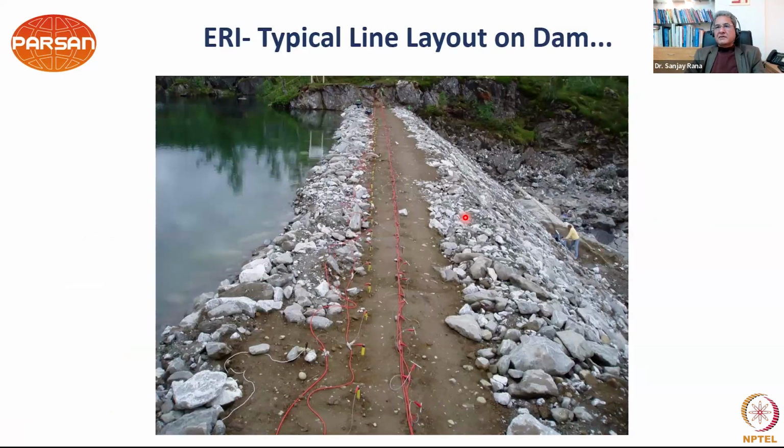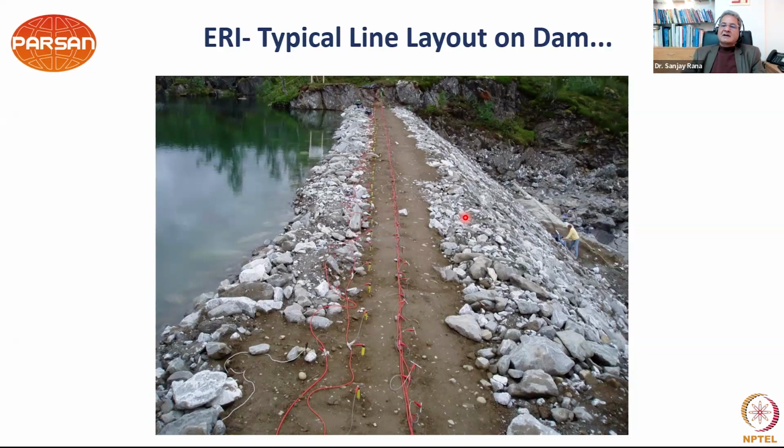It works on the principle of one of the oldest geophysical methods, the electrical resistivity method. That is, if there is a current passing through a medium, potential is developed, and then by Ohm's law, V is equal to IR. Once you know the voltage and the current, you can calculate the resistance. Resistance multiplied by the geometric factor gives the resistivity.